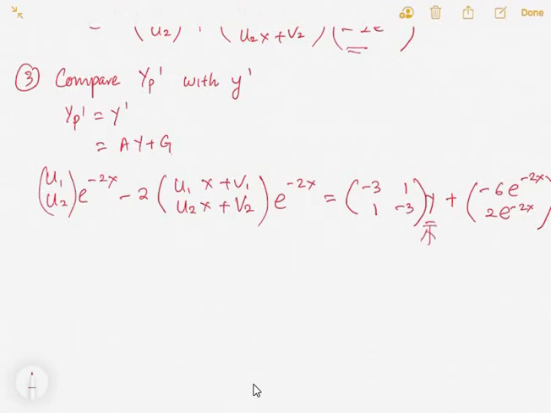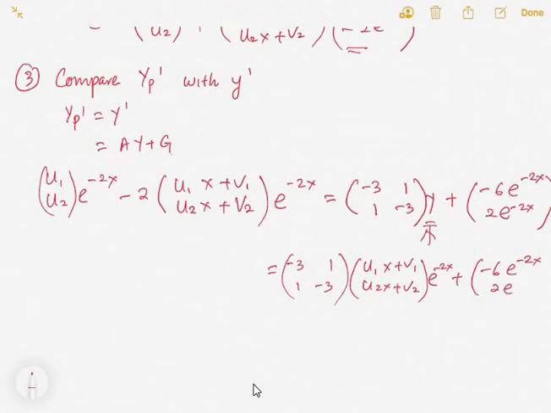This y actually refers to the y_p. So I continue again, equal to the matrix (negative 3, 1; 1, negative 3) times (u1x plus v1, u2x plus v2) exponent negative 2x, plus (negative 6 exponent negative 2x, 2 exponent negative 2x).